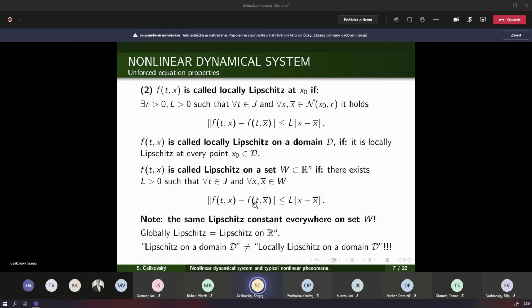And of course, the most ideal property is global Lipschitz, which means Lipschitz on Rn. So if V is the whole Rn, then of course we will call it global Lipschitz, and it's the best situation we can have.